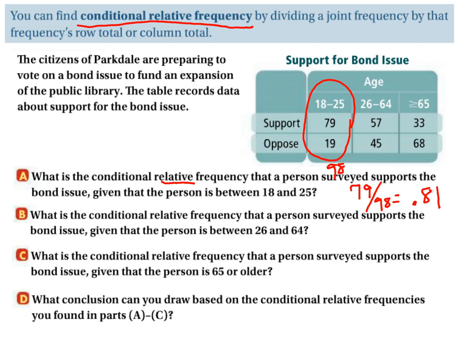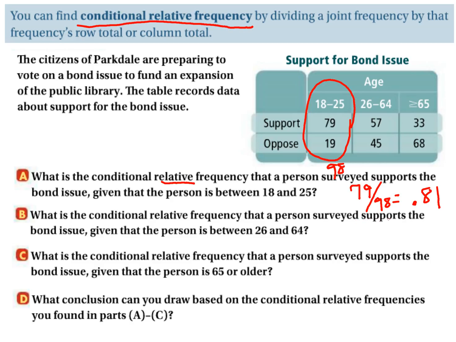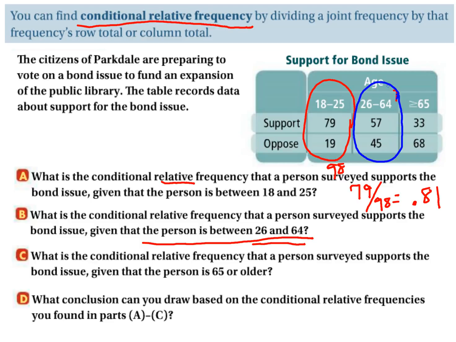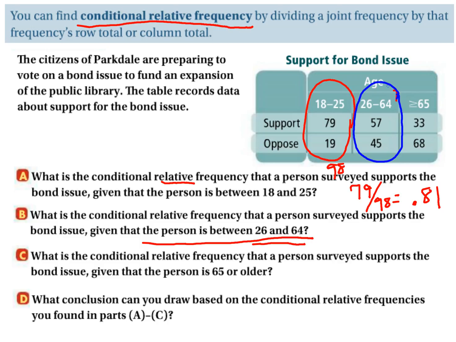What is the conditional relative frequency that a person surveyed supports the bond issue, given that the person is between 26 and 64? So I can only look at this age group. That 57 plus 45 is 102 people.